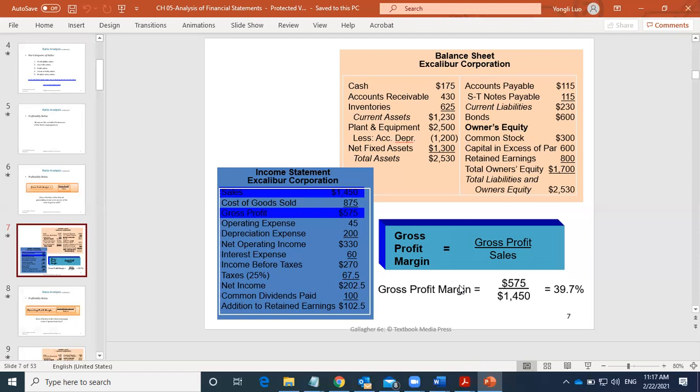So the profit margin is the higher the better. It's better to be higher than the profit margin of the same industry.